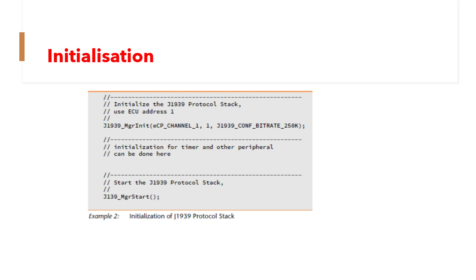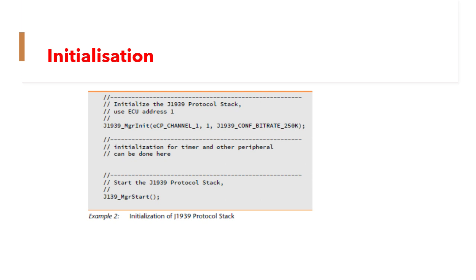Hope you recollect this. If you did not go through the previous video, please go through it. From here afterwards I will not use the prefix J1939. Assume that if I say MGR init, J1939 underscore is the prefix.